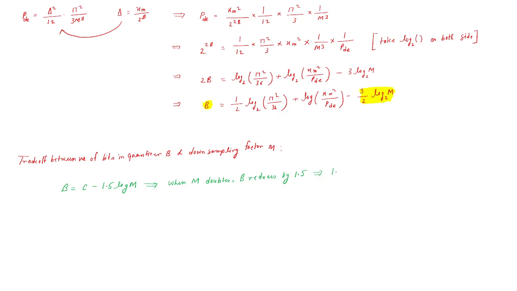That means 1.5 bits of improvement. When M quadruples, 4 times, B reduces by 3 bits.